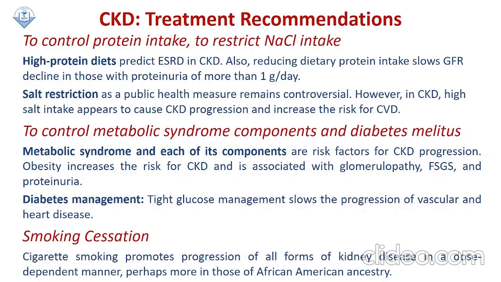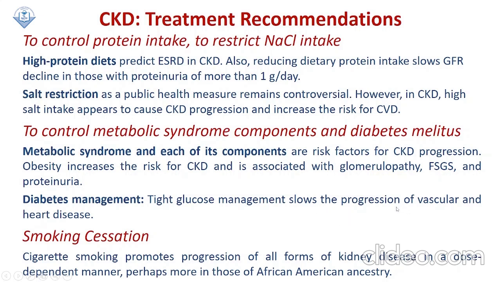Next measure to do, we must control metabolic syndrome components and diabetes mellitus. Metabolic syndrome and obesity are risk factors, they are accompanied by dyslipidemia, which is not good for us, and diabetes mellitus is dangerous because a high glucose level stimulates progression of chronic kidney disease.